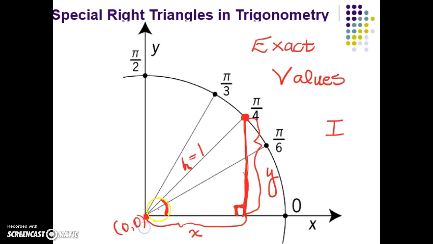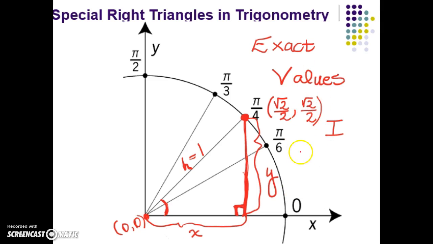Well, we know because the length of this leg is square root of 2 over 2, we know the x coordinate of this point is root 2 over 2. We also know, because this length is square root of 2 over 2, we know the y coordinate of that point is the square root of 2 over 2.